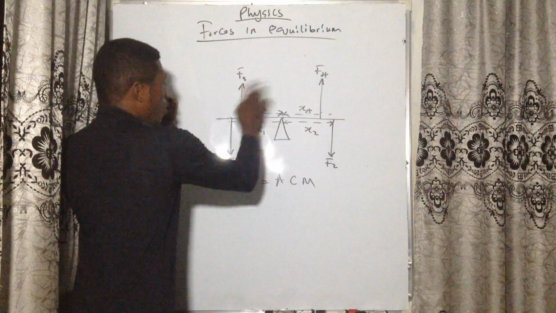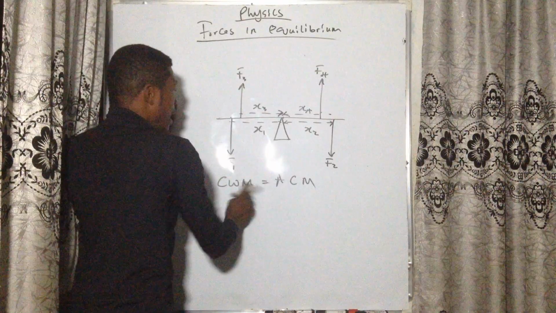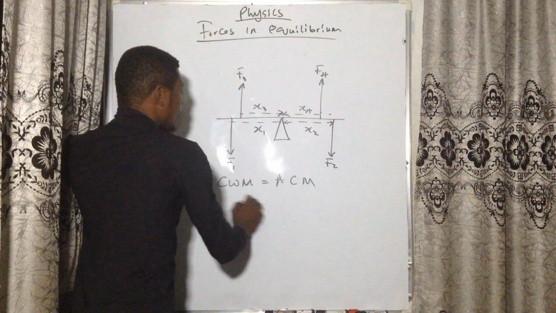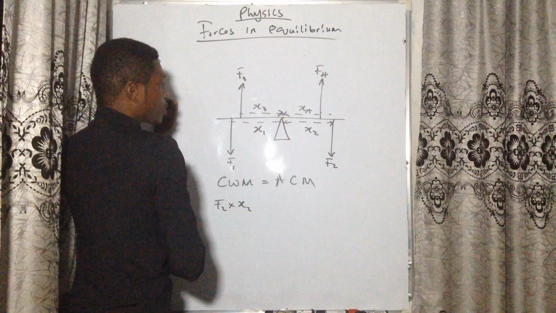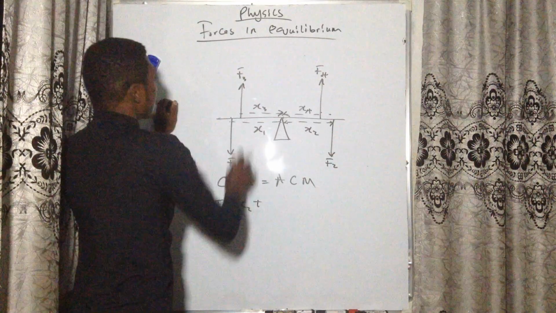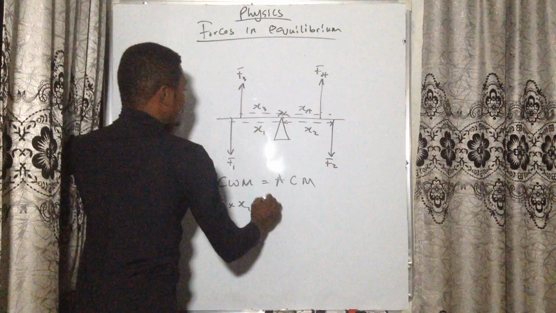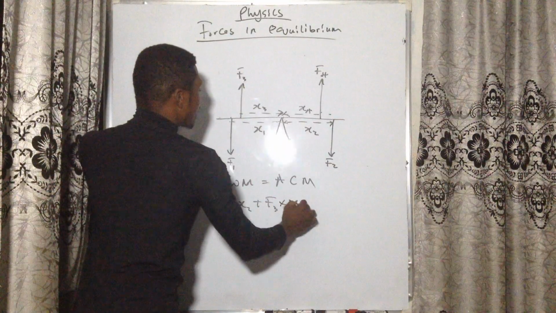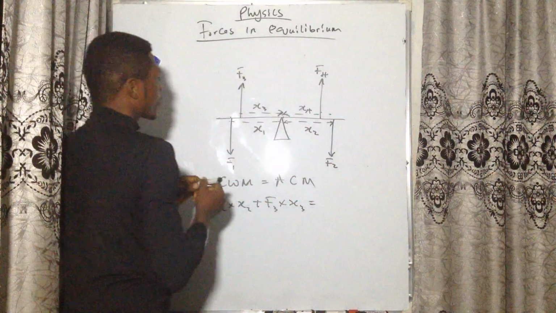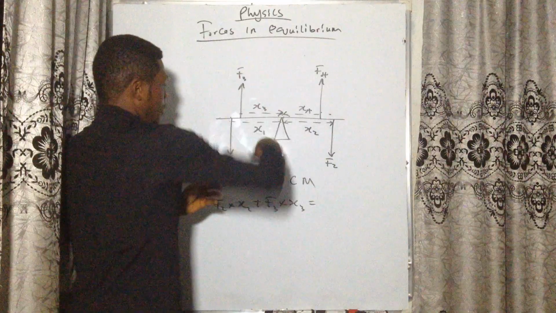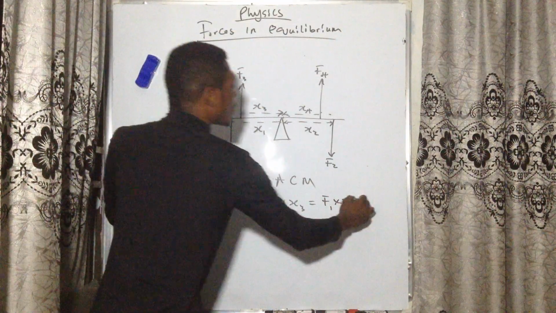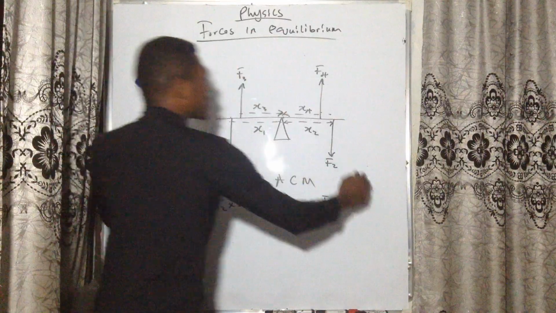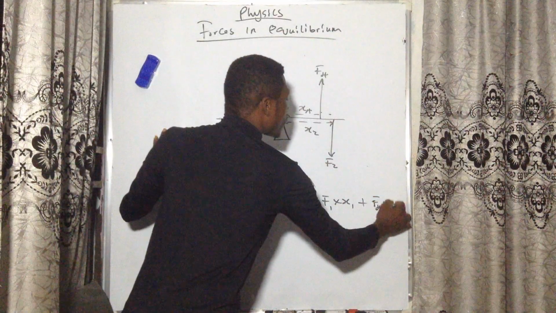So we have clockwise moment, which is F2 times X2 plus F3 times X3 equals anticlockwise moment, equal to F1 times X1 plus F4 times X4.